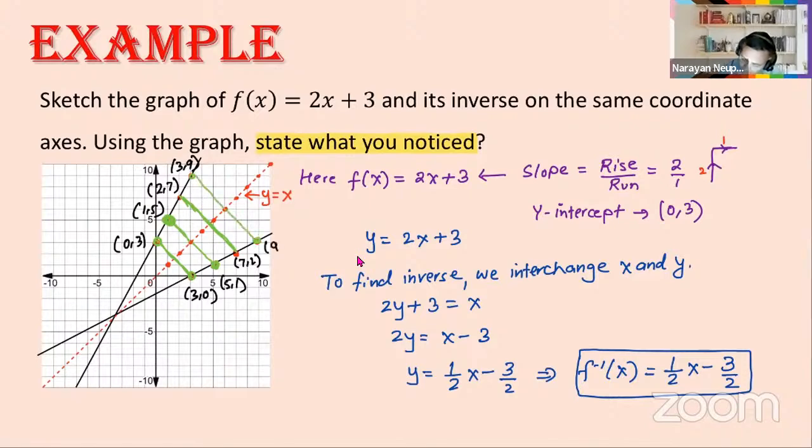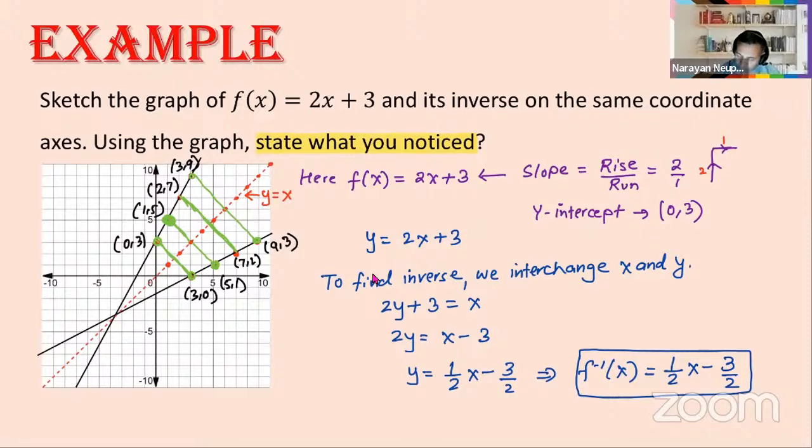So when the points on the graph of f of x are reflected about the line y equal to x, we get the points on the graph of the inverse function. Meaning, when the graph of f of x is reflected about the line y equal to x, we get the graph of the inverse. So that's what we notice.